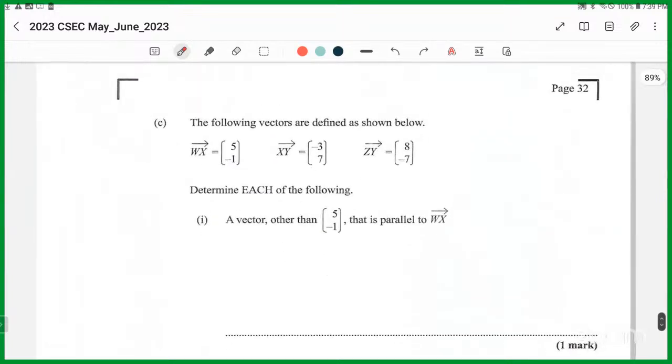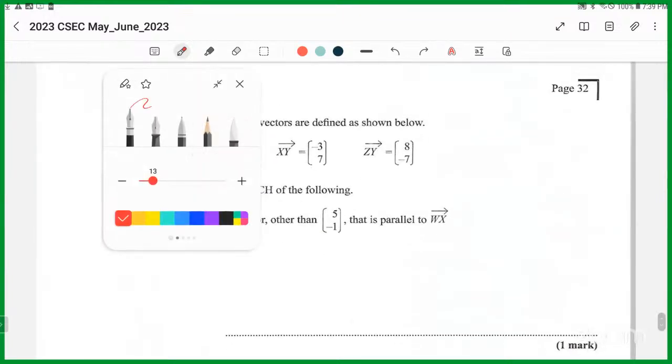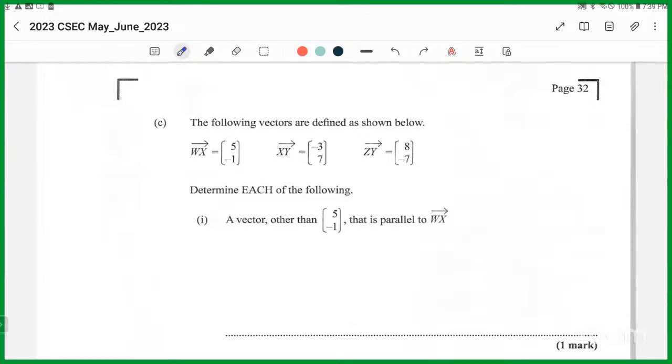Vectors. Nice and easy. Finishing strong. The question says WX is this vector, XY is that vector, ZY is that vector. Determine each of the following. A vector other than 5, negative 1 that is parallel to WX.